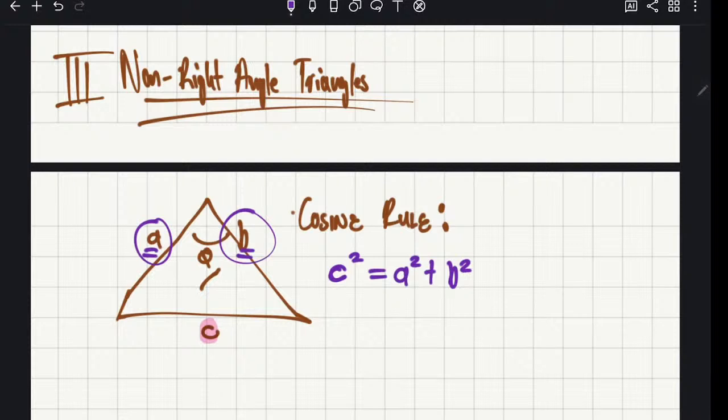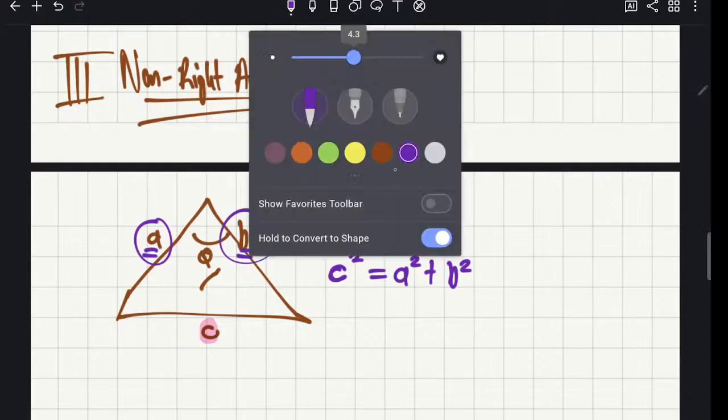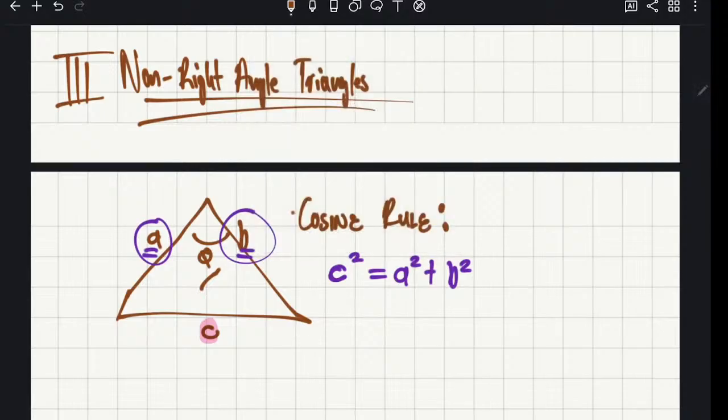Then you now say minus. It starts like Pythagoras theorem, but then you say minus 2ab. You bring them together, the a and the b, but they are no longer squared. So write minus 2ab, then you say cos theta.